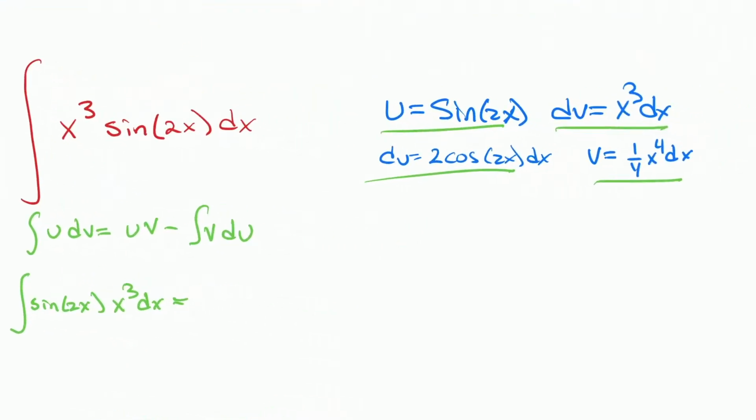That's your first thing. Then you write u times v. Sorry, I just noticed I had a dx there. Okay, so I do u times v. I'm pretty happy so far at your work. And then v du: 1/4 x to the 4th times 2 cosine of 2x dx.